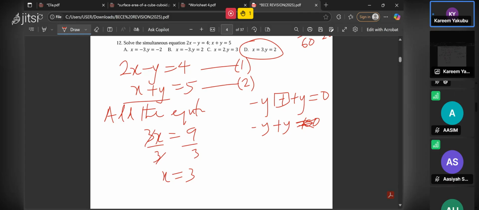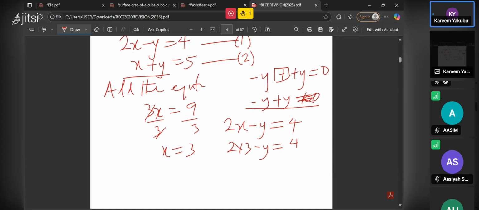Let's check whether we are correct or wrong. We substitute the value of x in any of the equations. I'm picking the first equation: 2 times 3 minus y equals 4. This gives 6 minus y equals 4.